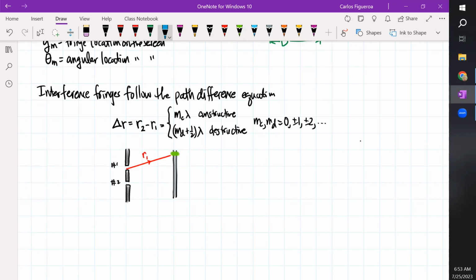If I follow light from 2 to that location, this is R2. We clearly see that R2 is greater than R1, which implies that R2 has to be R1 plus delta R. So what we're focusing on, when we draw this statement up here, is this path difference.